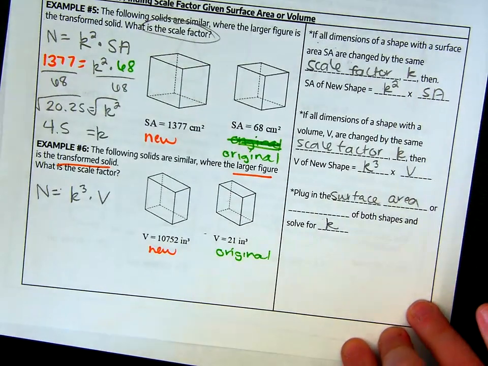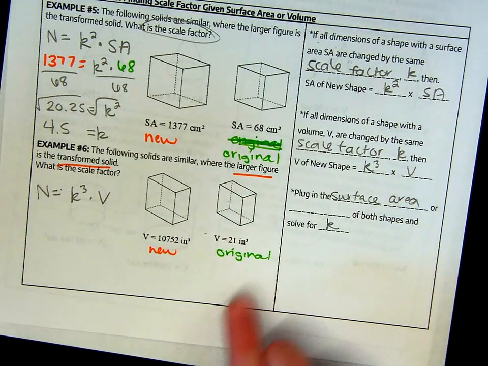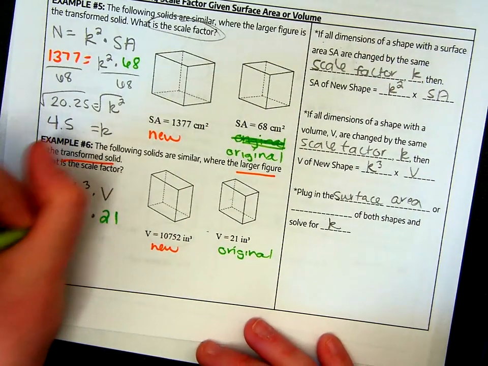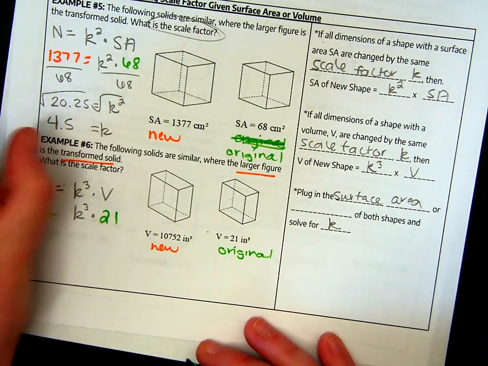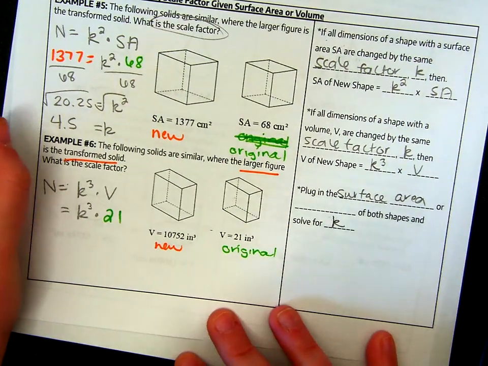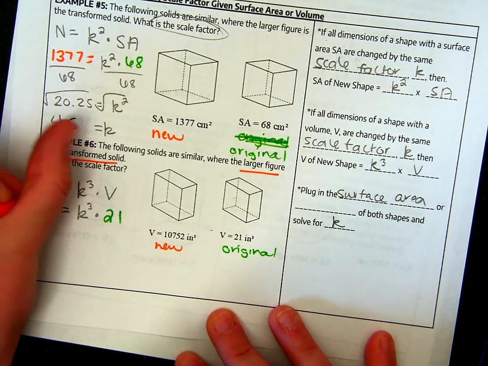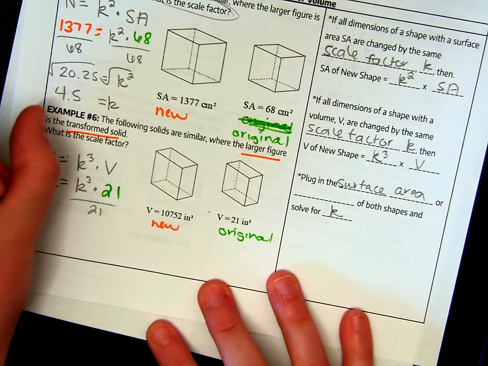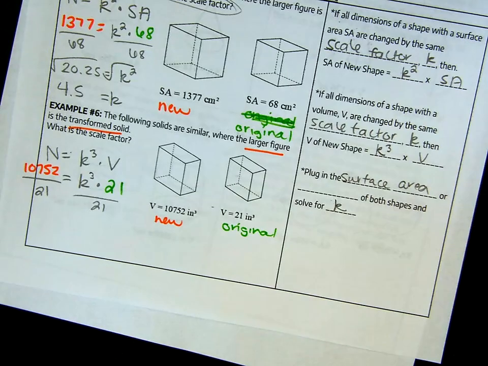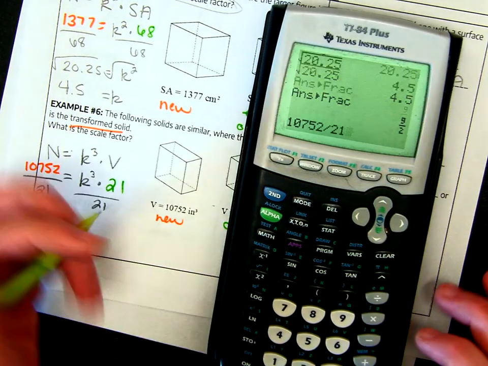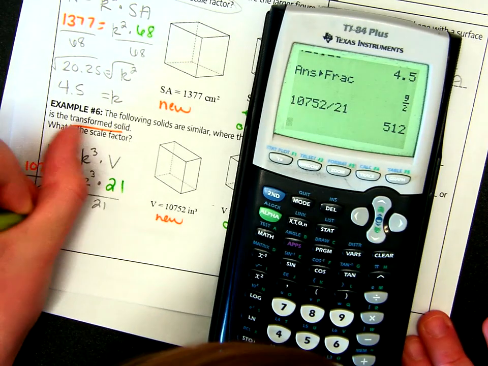So my original is 21 times whatever my scale factor cubed is going to equal my new volume of 10,752. Now I just have to divide by 21 to solve this. You get 10,752 divided by 21, which gives 512 equals K cubed.